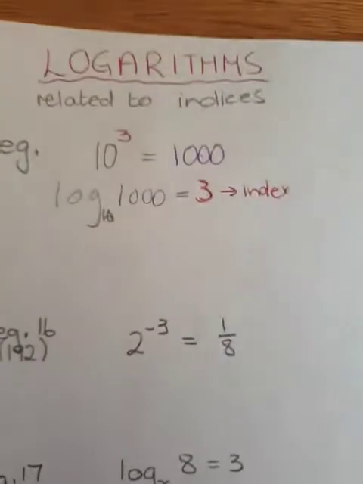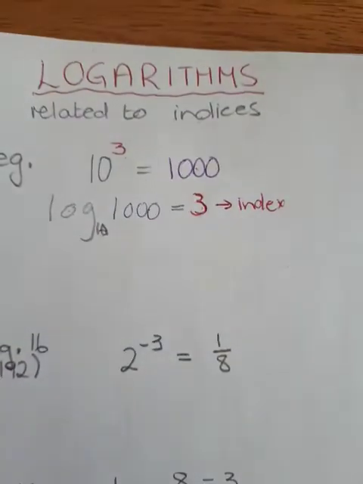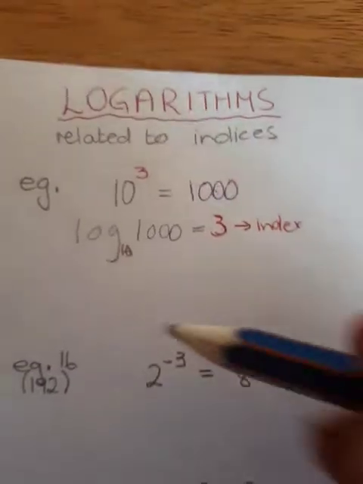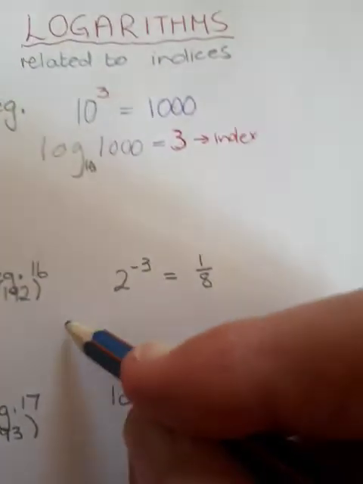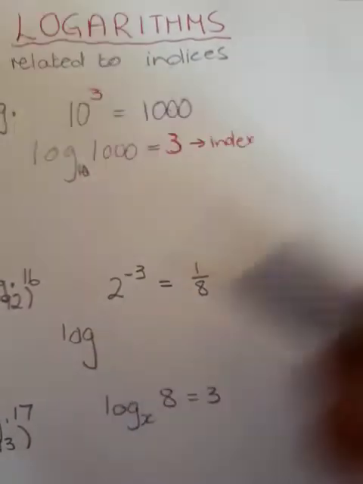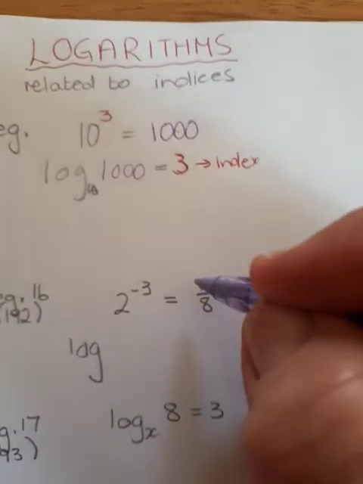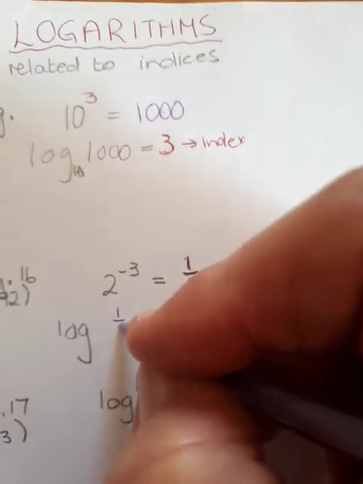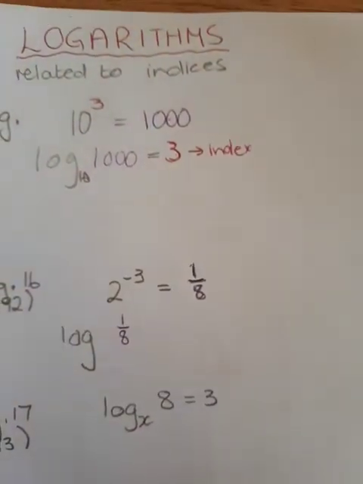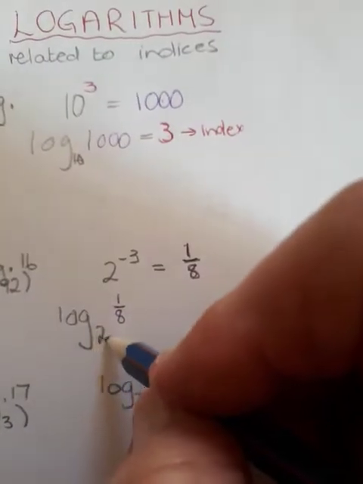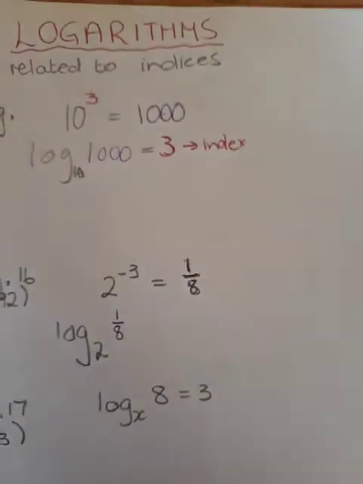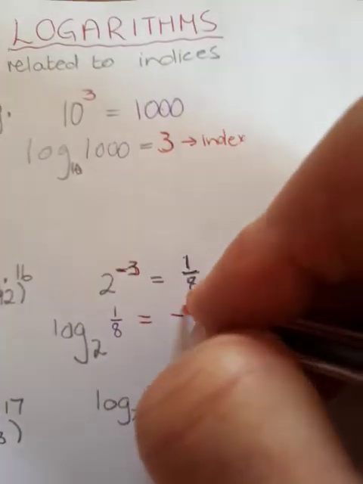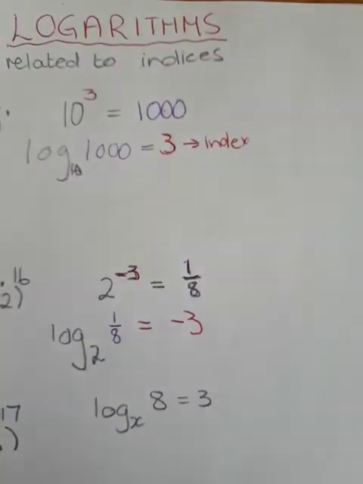So when we look at the following example, and we're now going to try and write that in logarithmic form, then again you will start with the log, remember the answer to an index is the log of 1/8 with the base 2. That equals your index, so that equals -3.